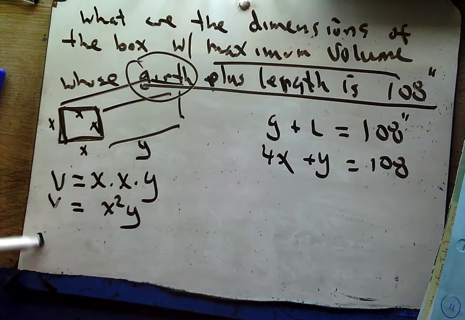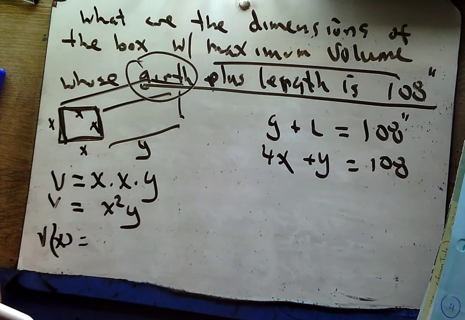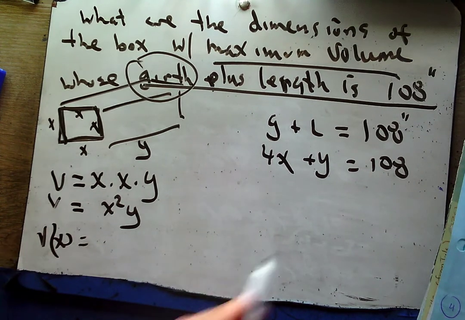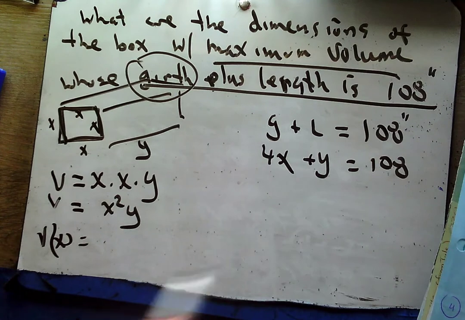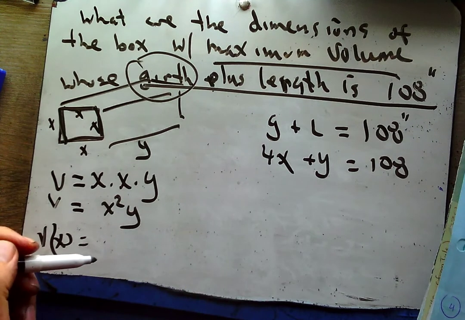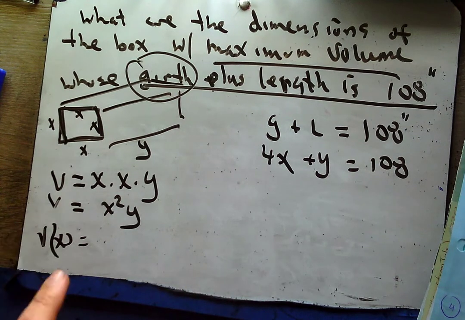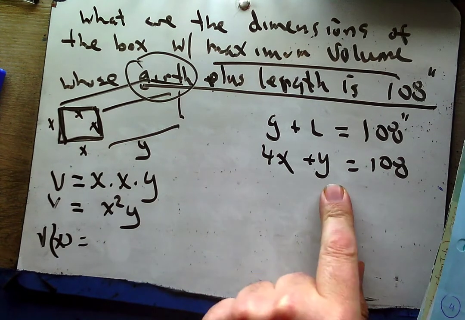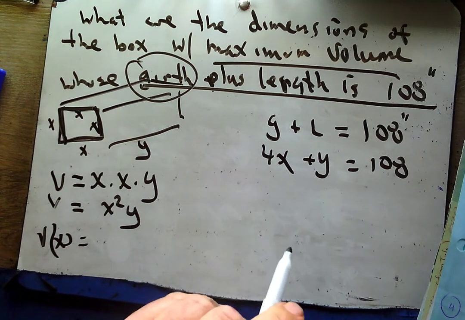But I really want volume all in terms of one variable before I take the derivative. Oh, if only I had a helping equation to help me rewrite this volume in terms of one variable. Why is it that I want this in terms of one variable and not this in terms of one variable? Well, I'll give you 2 reasons for that.